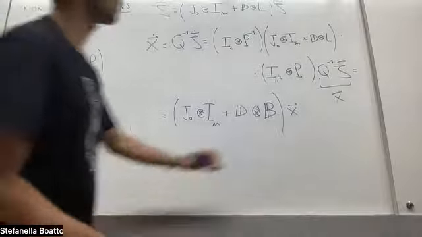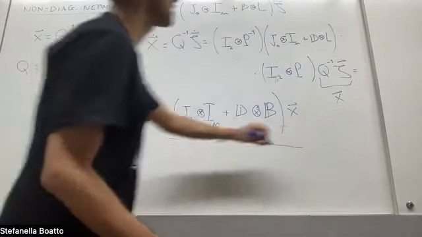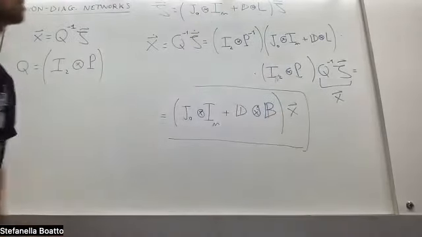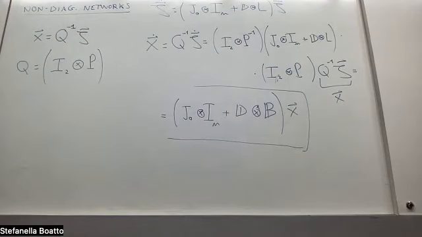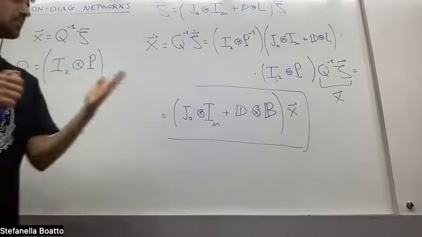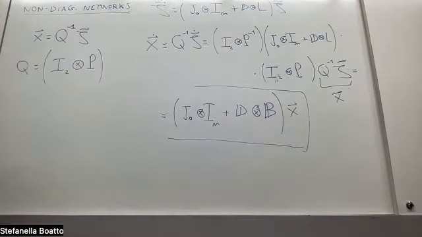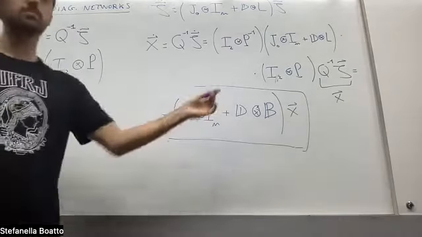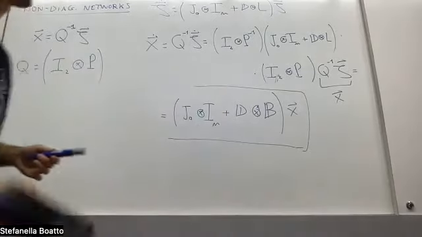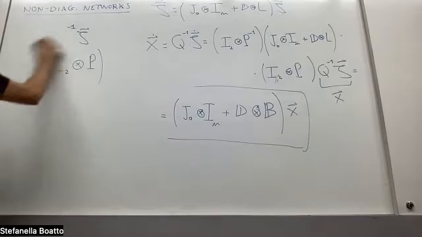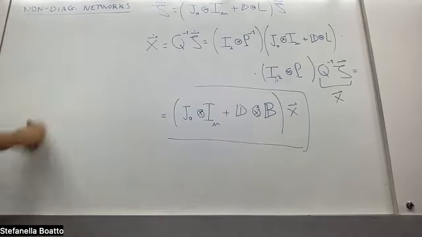So now we are almost there. We have this equation. So we didn't exactly decompose all the perturbation, one perturbation for every mode, but then we have something that looks quite good, especially thinking that we are dealing with a non-diagonalizable network.